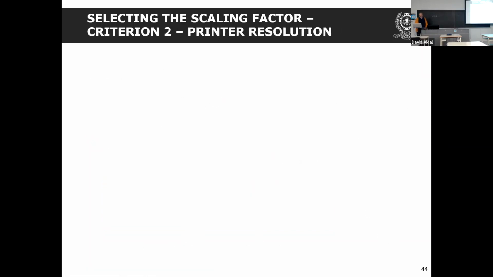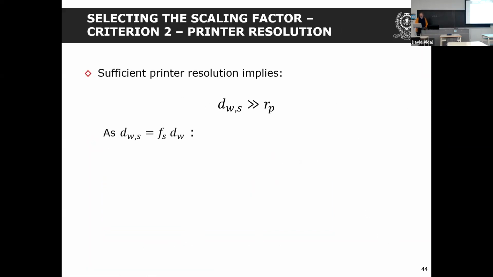Then the second criterion was: did the printer have sufficient resolution to print the small pores that we wanted to print? From this, we came up with a criterion telling us that the scaling factor should be much greater than 4.